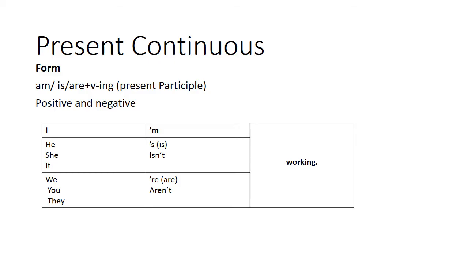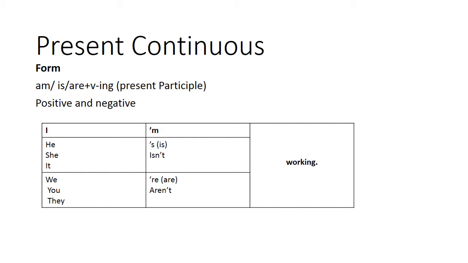Present continuous. The form of the present continuous is composed of the auxiliary verb, which is am, is, or are, plus verb plus ing. We can use it as positive and negative. We can say, I am working, he is working, or she or it is working in the positive.